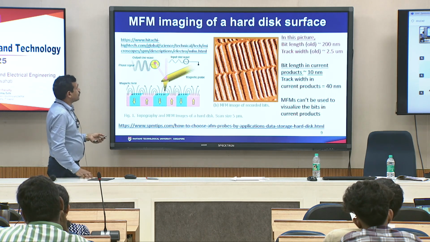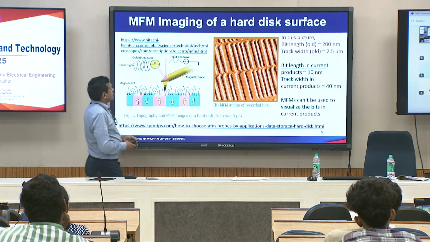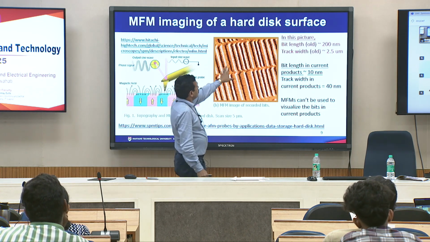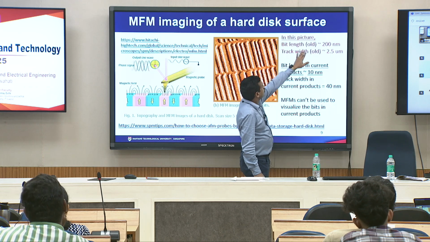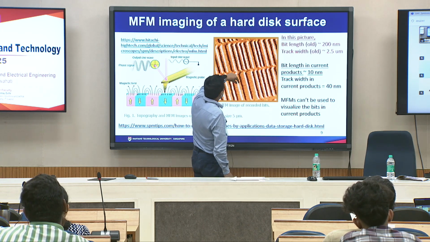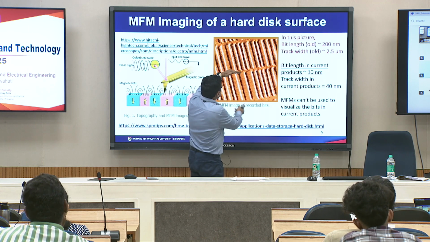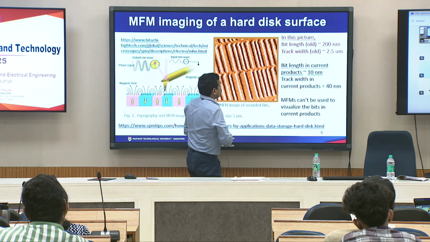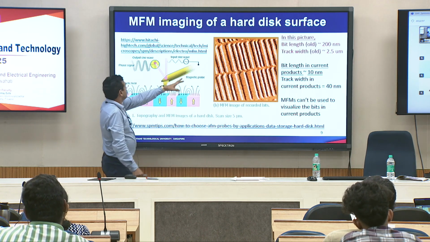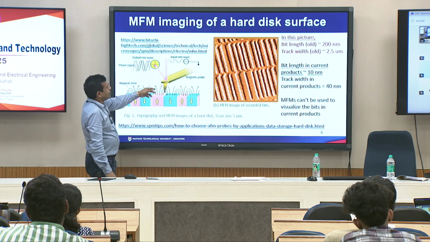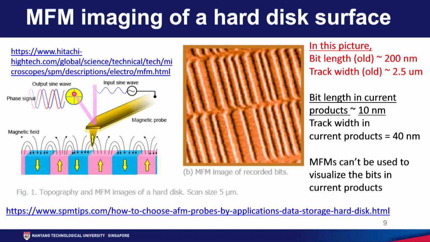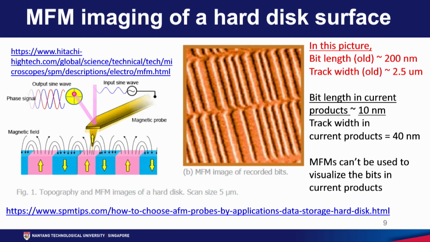To give you some perspective, this is some very old technology where the bit length was 200 nanometer, and this width is 2.5 micrometer, and you can measure this kind of bits using MFM. So, this was possible before 2000.